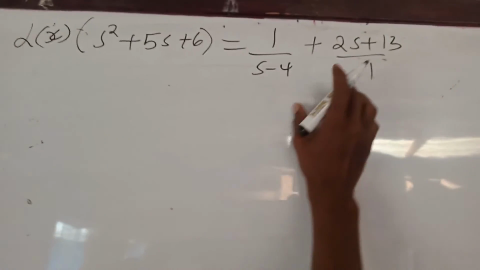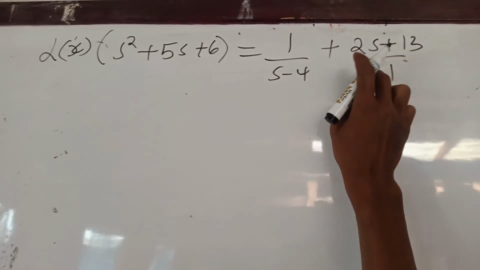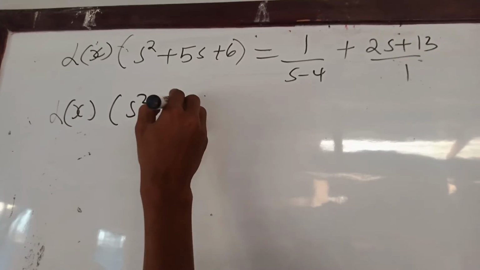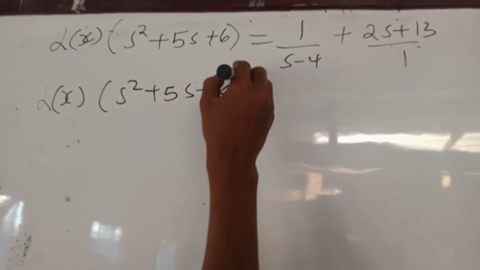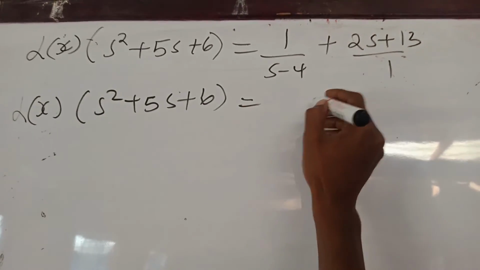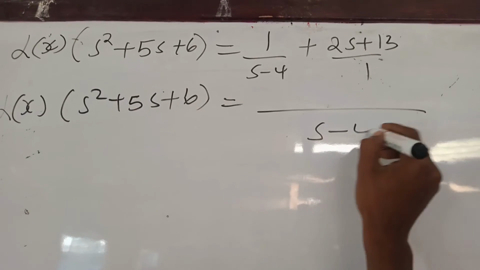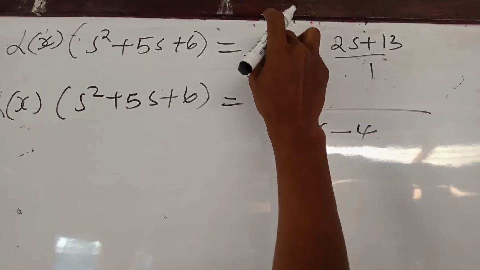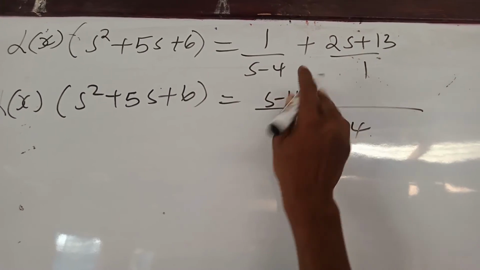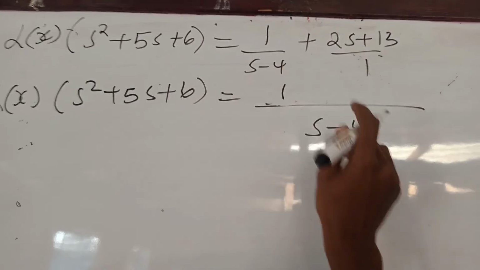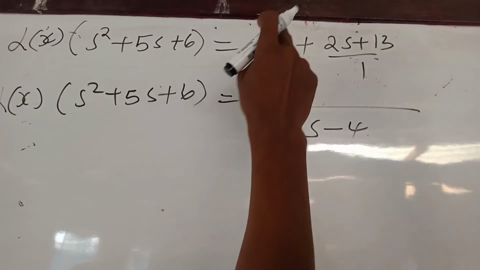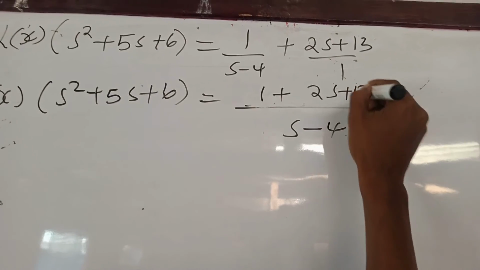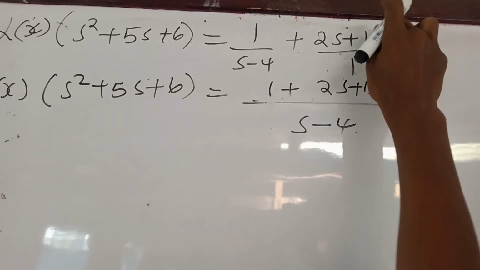So now we need to have a common denominator this side, which is s minus 4. So s minus 4 divided by s minus 4 is 1, 1 times 1 is 1. So plus 2s plus 13, because s minus 4 divided by 1 times this one.